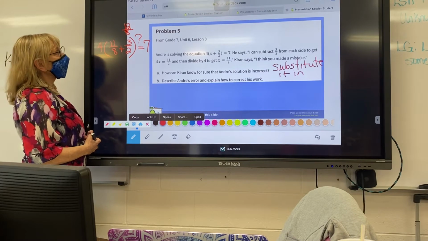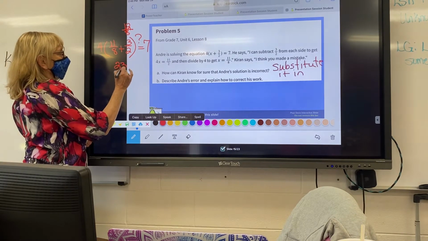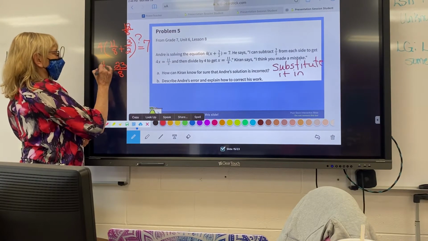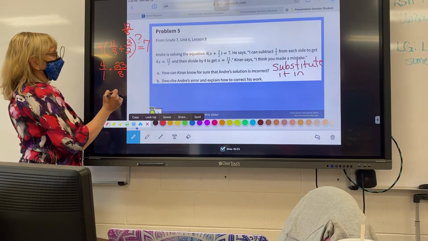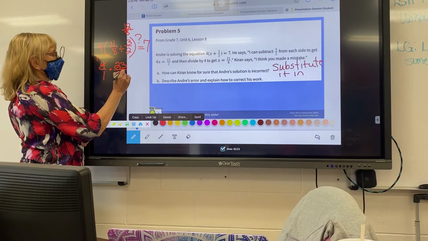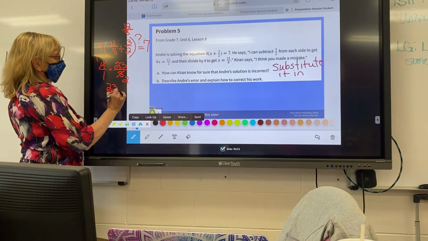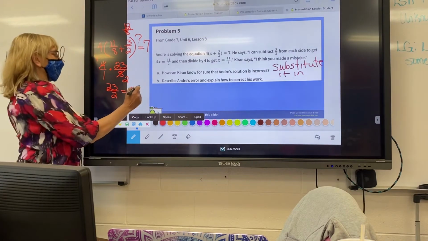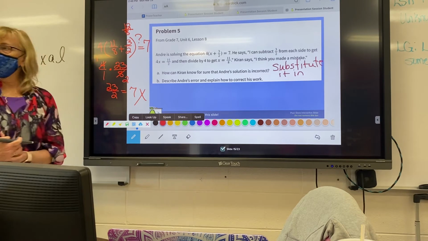So 12 plus 11 is? 23 eighths times 4 over 1. Can I cancel numerator to denominator? That goes once, that goes twice. So does 23 over 2 equal 7? Is that true? No. Neat. Okay, so he did make a mistake.